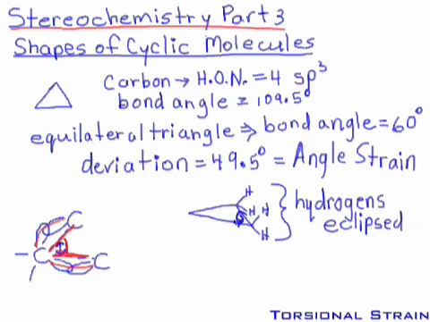Now, that is a twisting motion in the ring, and twisting is referred to as torque. And so the strain caused by eclipsed hydrogens is referred to as torsional strain.